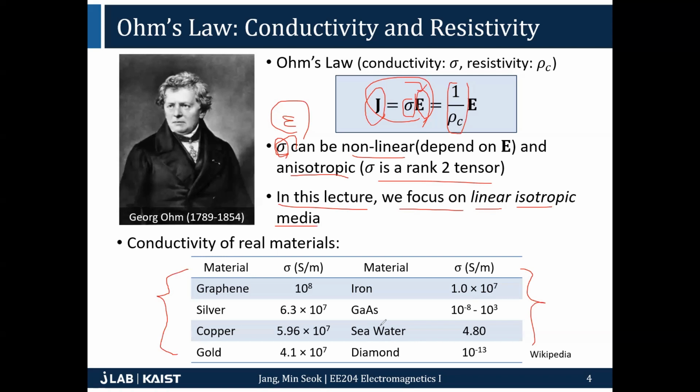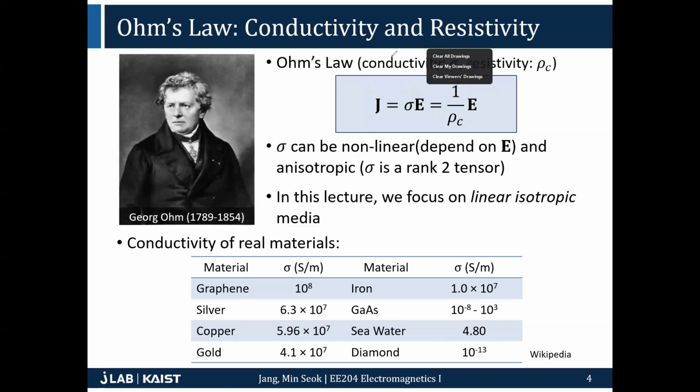Here I have a few examples of conductors, and you can see some have really high conductivity, like silver, copper, and gold, reaching 10 to the 7, 10 to the 8. But materials known as insulators, like diamond, have conductivity of 10 to the minus 13.